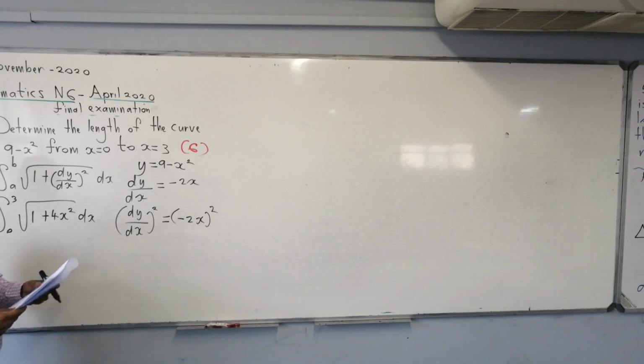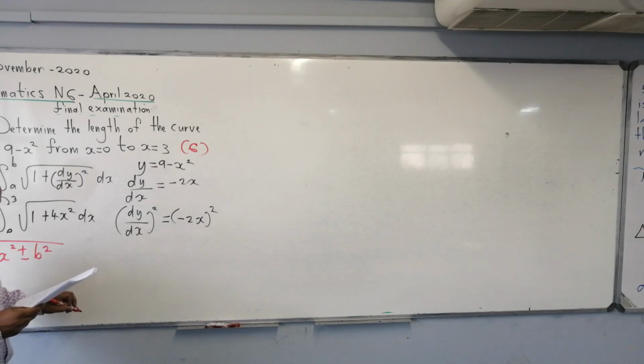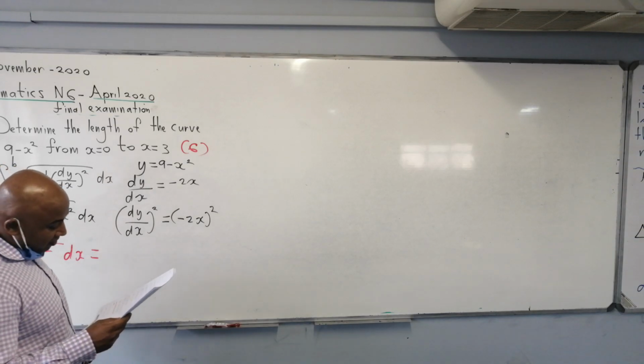Alright, so which one are you looking for? Let me write it down. So this is the one. The square root of x squared plus or minus b squared, because there's a plus here, there's a square root, there's no fraction here, you can see that. So make sure that you identify the correct formula.